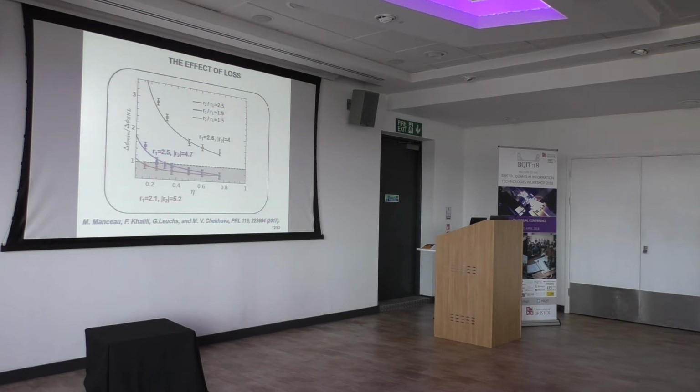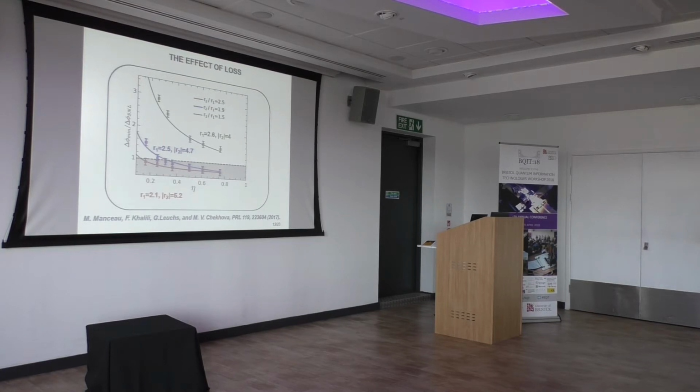And finally, how we demonstrated tolerance to loss. We additionally reduced the quantum efficiency. Initially, our quantum efficiency was 77%. That was the quantum efficiency of the detectors plus loss, and so on. But we could further reduce it by just putting neutral density filters. For the situation where the two parametric gain values were about the same, only 50% different, we couldn't overcome the shot noise limit at all.